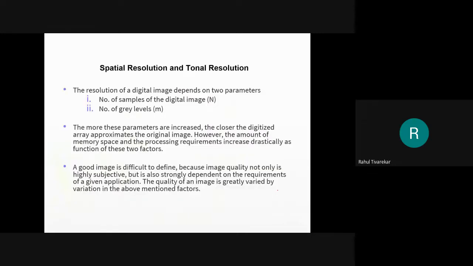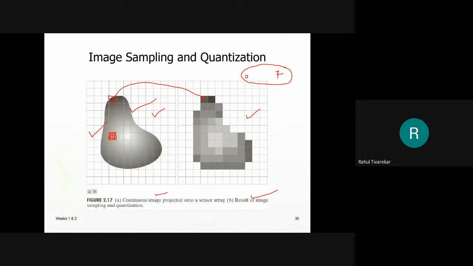So the resolution that I was talking about is of two different types. One is the spatial resolution, where the number of pixels is increased, and the other is the tonal resolution, where the number of intensity levels is increased. In the previous graph, you see I have used only 8 intensity levels.